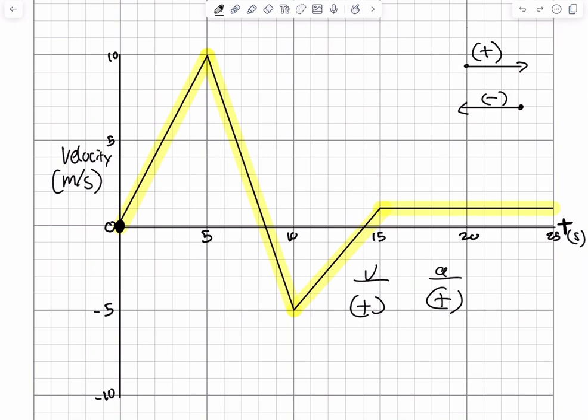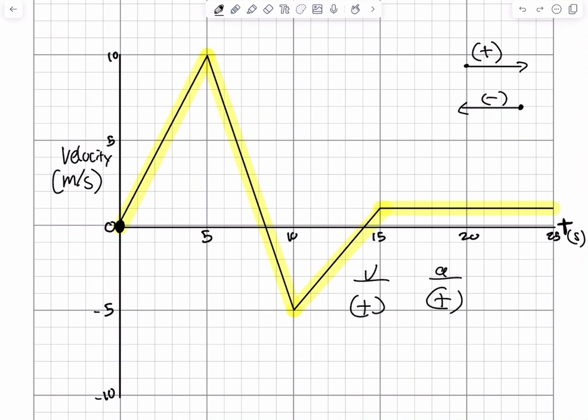So think of an object, it's moving right. Great. But we are giving it an acceleration in the positive direction. Also right. So what's it doing? Well, acceleration, by definition, is the change in velocity. So if our acceleration is positive, our velocity is changing positively. It's increasing.